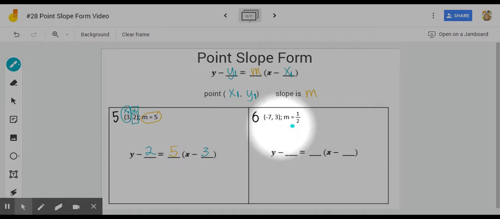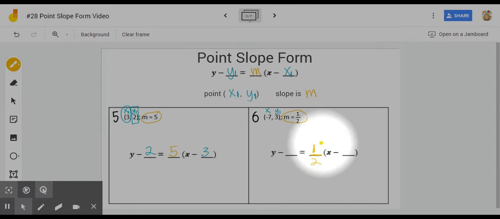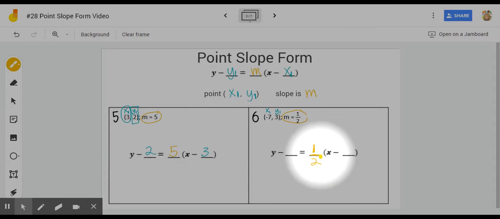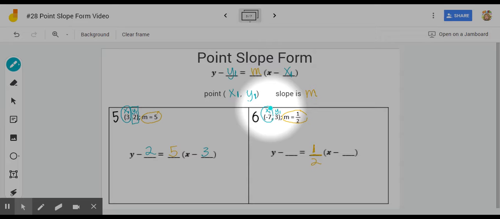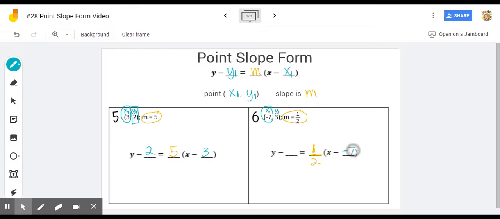So let's try number 6 and see how this goes the same way. So our slope is 1/2. So that goes before my parenthesis. And now let's work with the point. So the point has an x coordinate, x1 coordinate of -7, which means -7 goes here. And here's the key, guys.